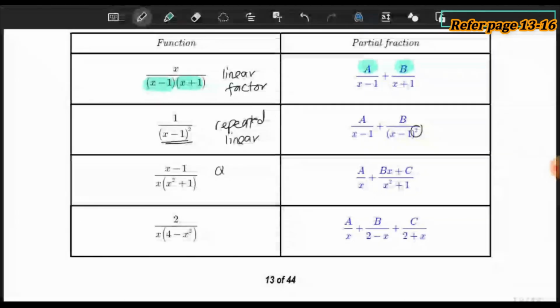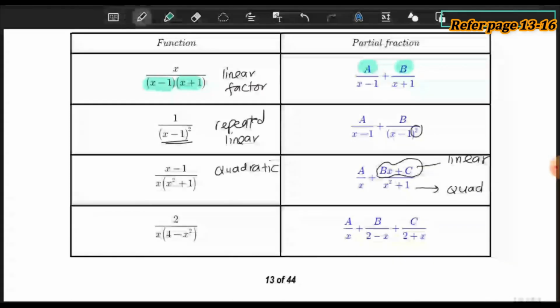Next, for quadratic factor, we have to write bx plus c as the numerator. If the denominator, the factor is quadratic, the numerator must be a linear.